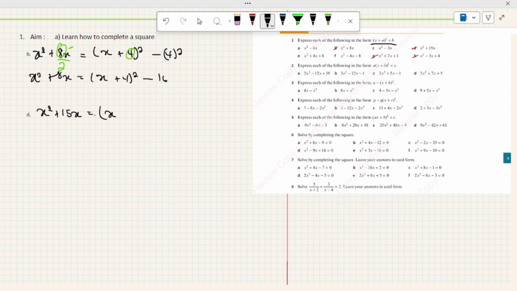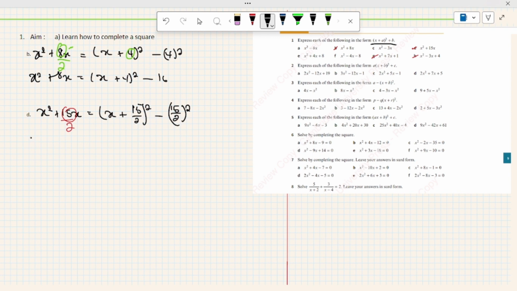You take x plus, and then take the coefficient of x, 15, and divide by 2. So it's going to be 15 over 2 squared, and then you subtract the squared value of b.